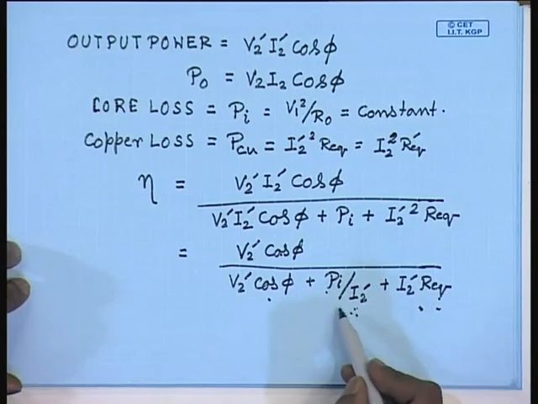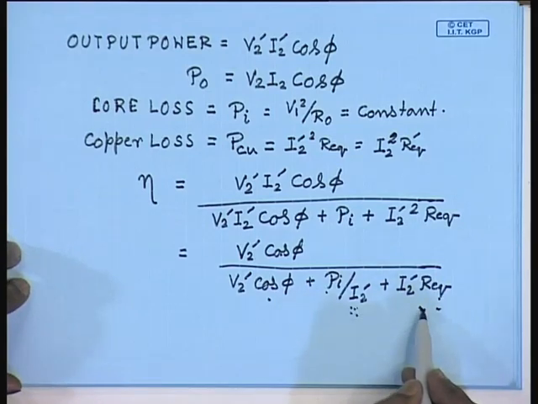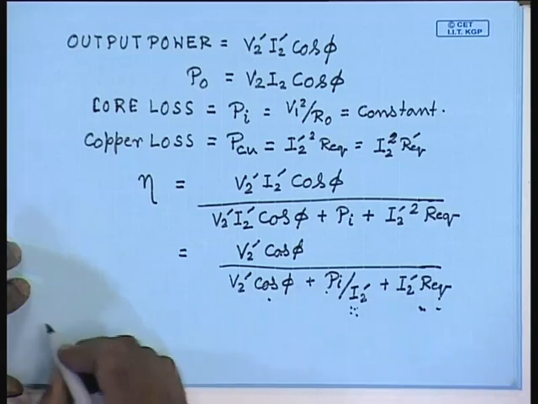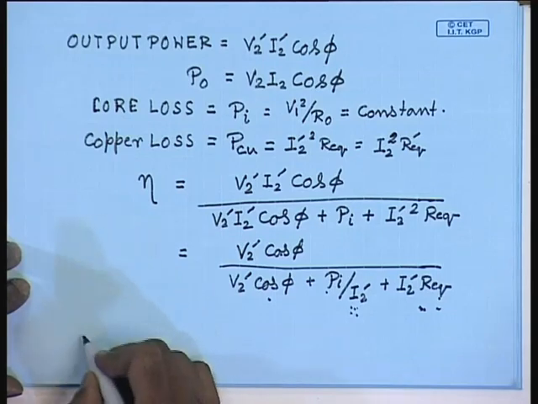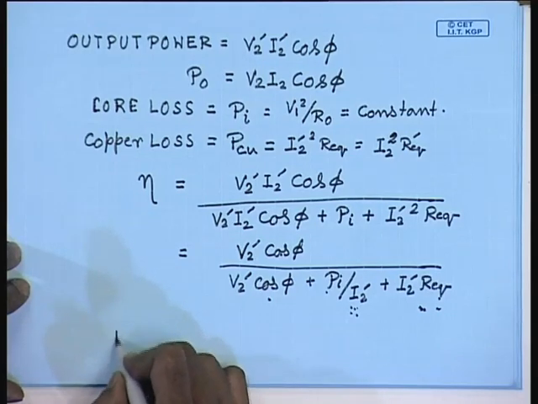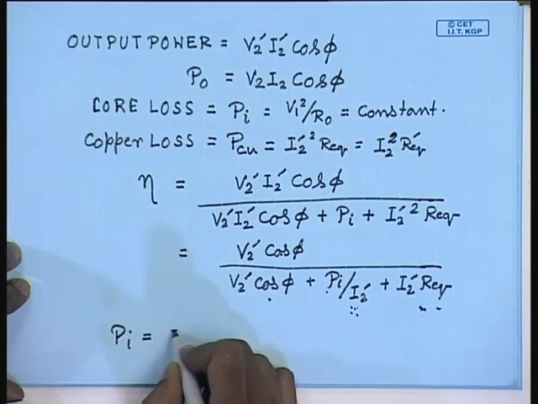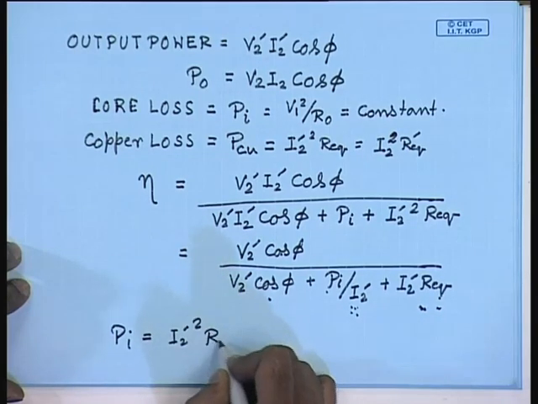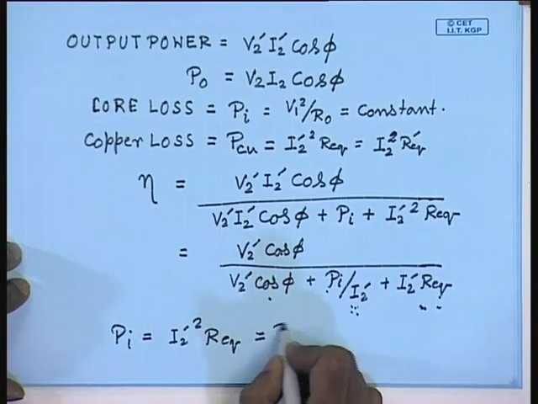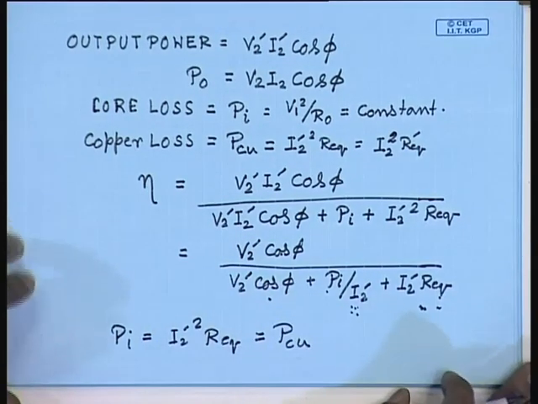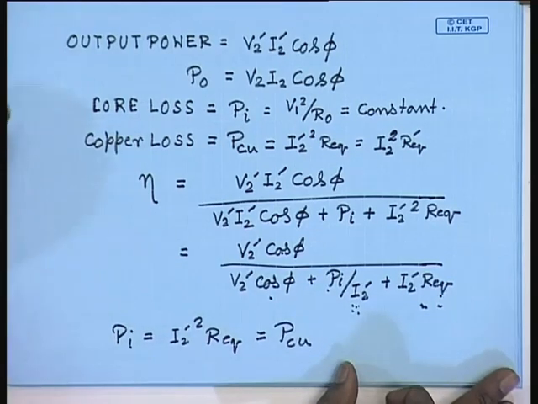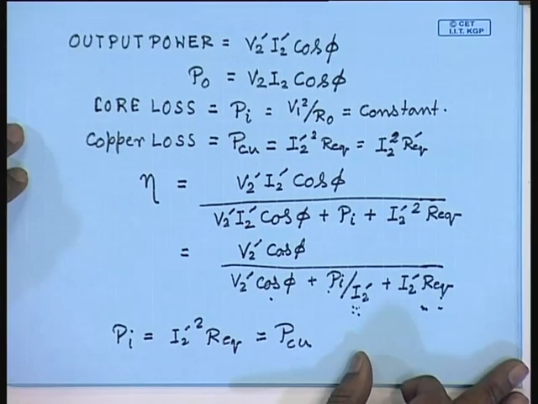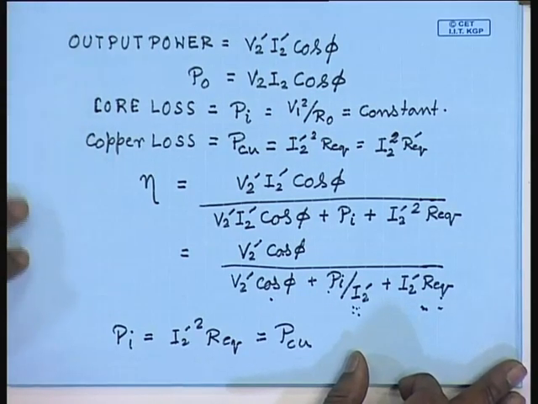So, differentiating this quantity with respect to I2 dash, we get the condition for maximum nu max is Pi equal to I2 dash square Req, that is Pi equal to PCU. The load current at which the fixed iron loss becomes equal to the copper loss is the load current at which the efficiency of a single phase transformer is maximum.